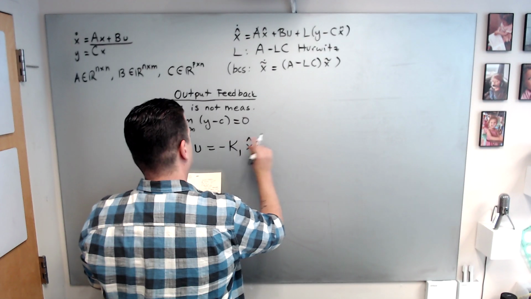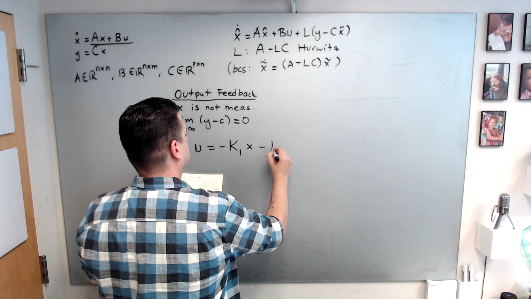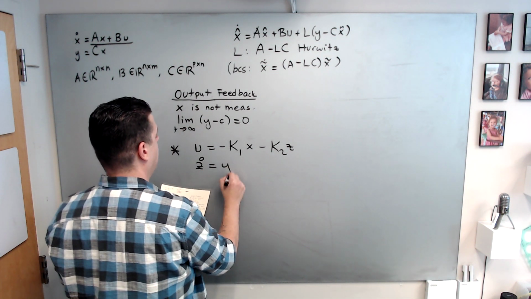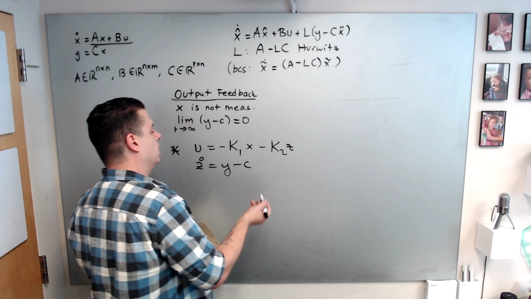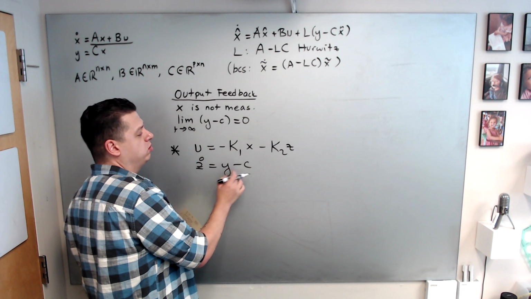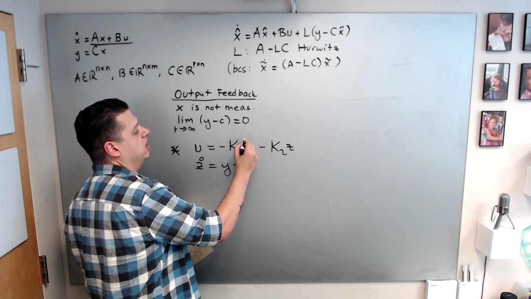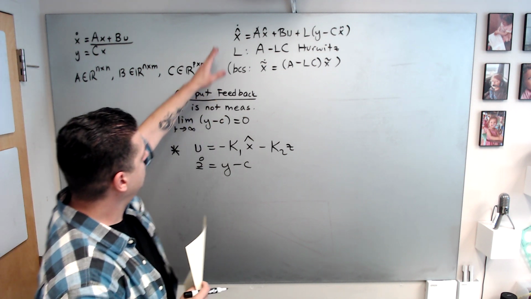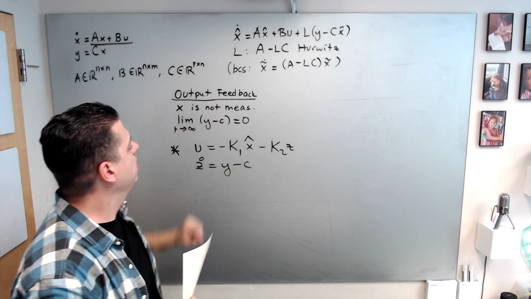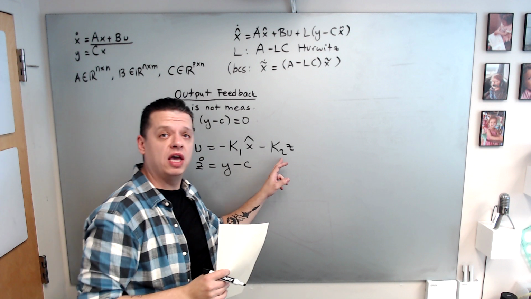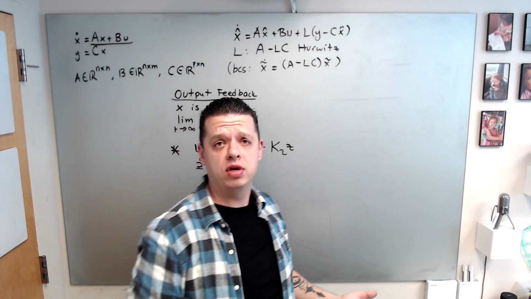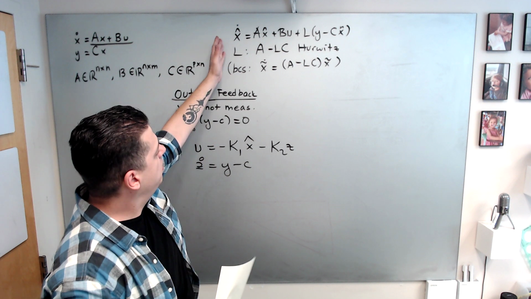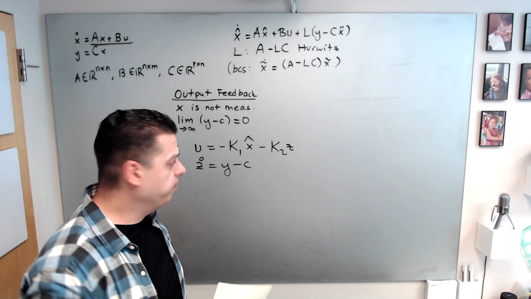This was for state feedback, and z dot was y minus c. We are already using y, you don't need to change anything. Just since x is not measurable, change it with x hat. Implement this observer. Make sure you choose K1 and K2 as if you are doing state feedback control, and implement the observer. This will work.